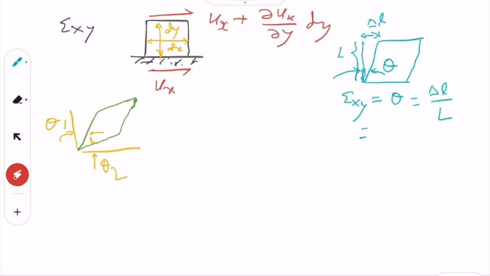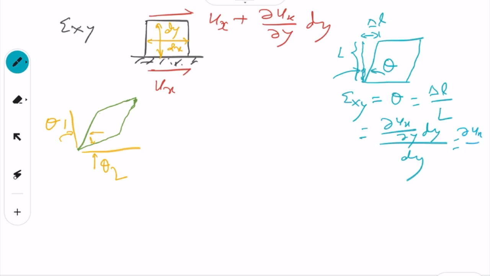Basically what we get is del ux over del y dy over dy. L is from here to here, which is dy, so this will be equal to del ux over del y. So we got this for this case.